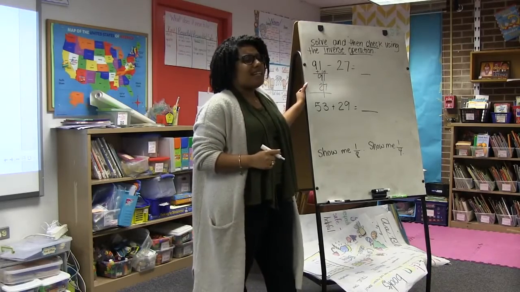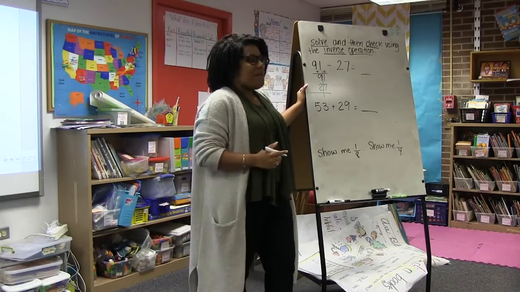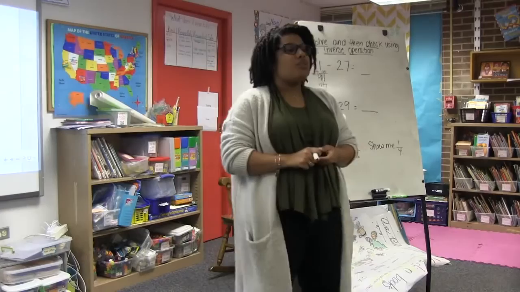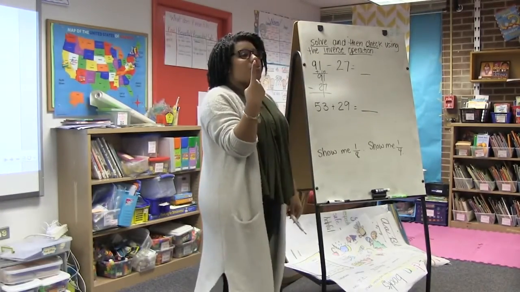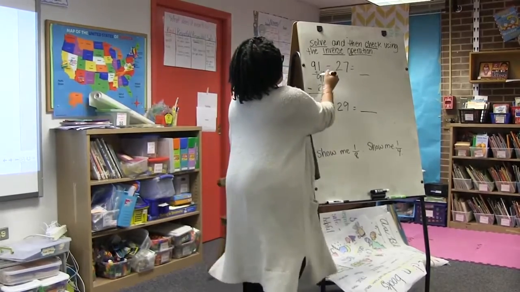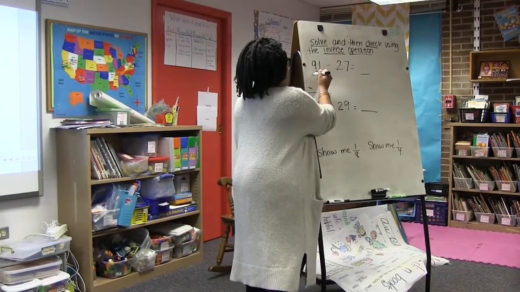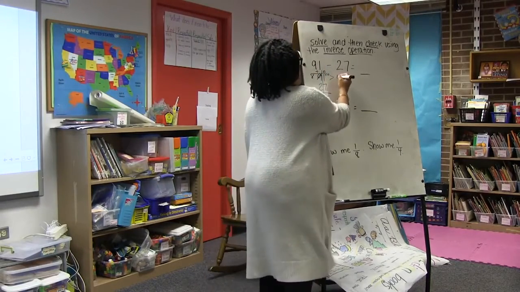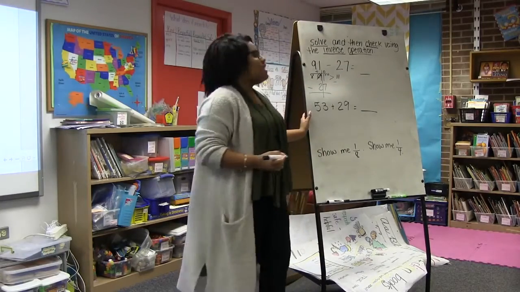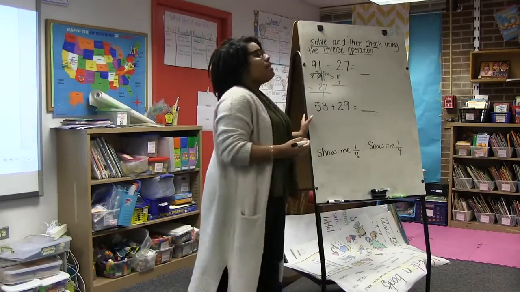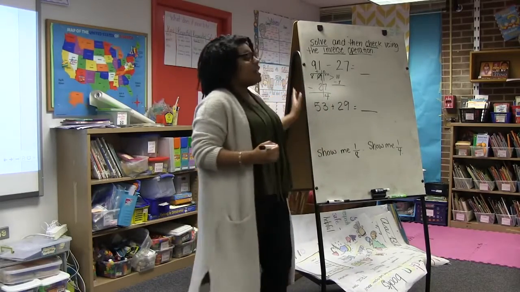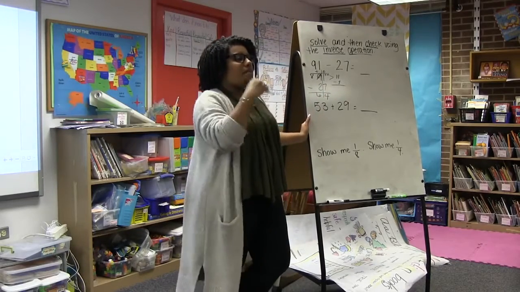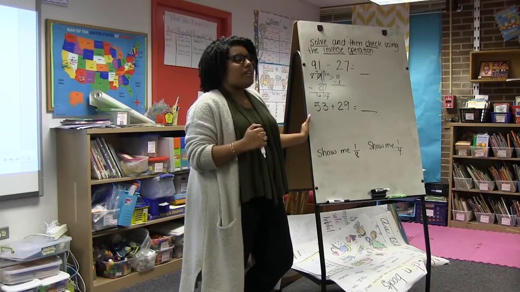Don't forget my what? Sign. Sign. What's my sign? Minus sign. Do I have more on the floor here? Yes. Yes, so I need to Go next door. go next door. I can't possibly do 1 take away 7, so I need to go next door and borrow a group of 10. So this 9 becomes in 8. I add my group of 10 over here. 1 plus 10 is 11, so I'm now looking at 11 minus what? 7. What is 11 minus 7? 4. The answer is 4. What is 8 minus 2? 6. What's my answer? 64. Can I get a quiet hand to go ahead and come up and show me the inverse operation? London.